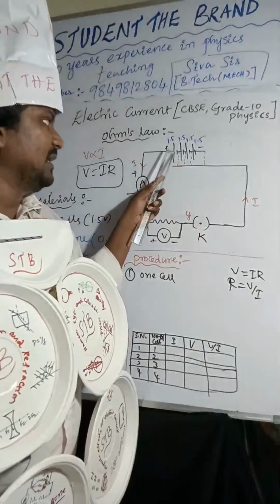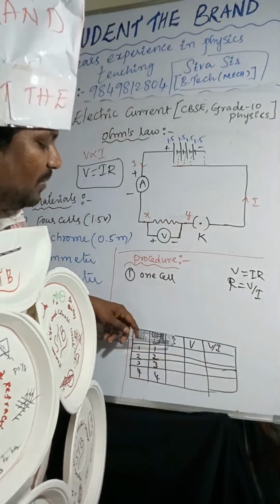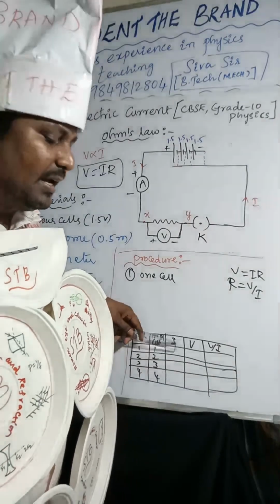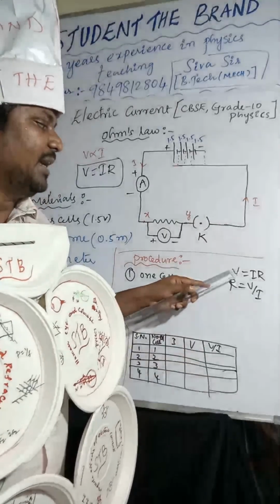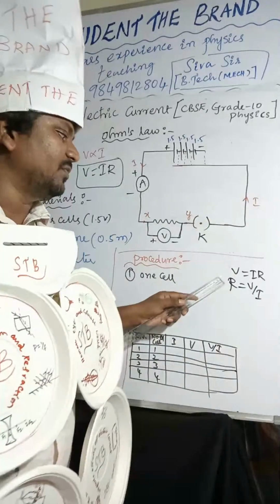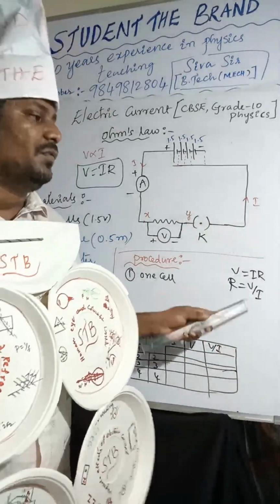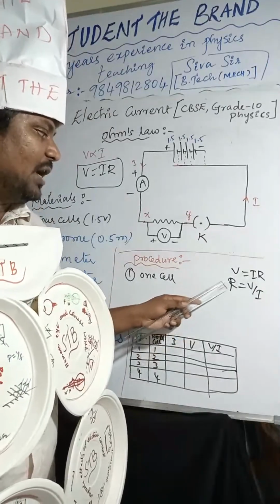Ammeter reading is current, voltmeter reading is potential difference, and V by I is R. Ohm's law gives the definition of resistance: R equal to V by I.